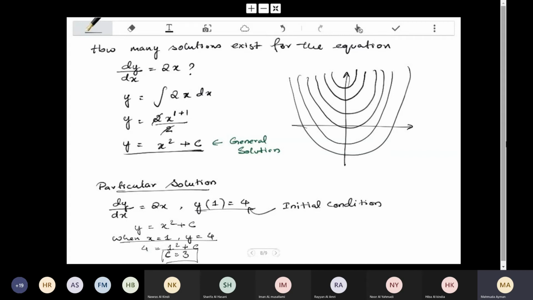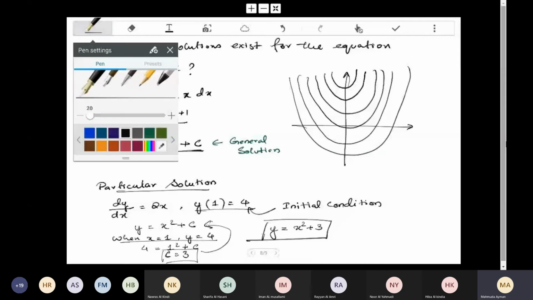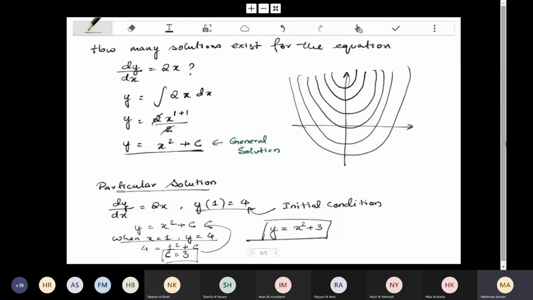We insert c is equal to 3 back into the general solution, and that gives us the function for this differential equation, which is y is equal to x squared plus 3. So this is the particular solution for the differential equation given to us. Let me write that down too. This here is the particular solution.